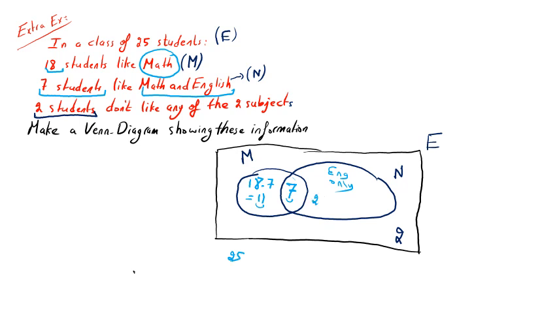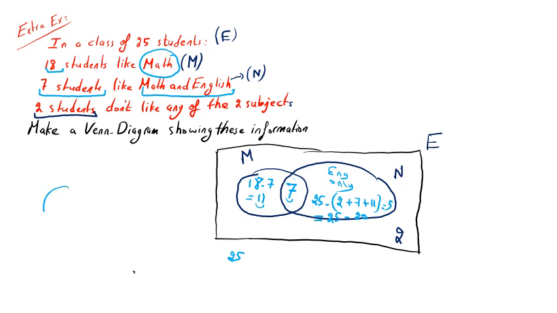So 25 minus, we subtract the 2, the 7, and the 11 to get how many students like English only. So the answer will be 25 minus 20, so the answer is 5.